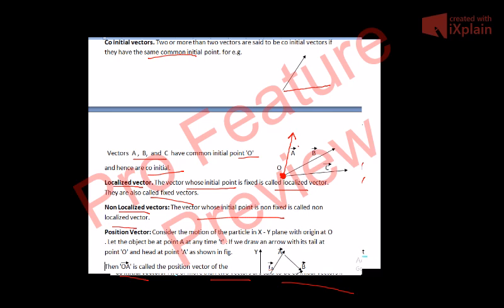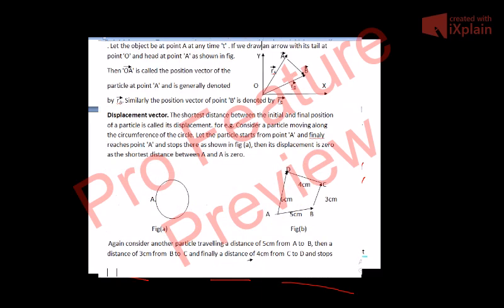Now there is the position vector. Consider the motion of a particle in the xy plane with origin at O. Let the object be at point O at any time t. If we draw an arrow with its tail at point O and head at point A as shown in the figure, then OA is called the position vector of point A and is generally denoted by small r_A.